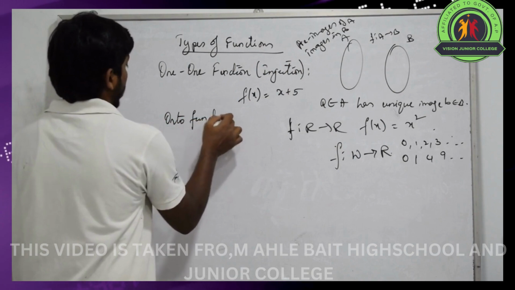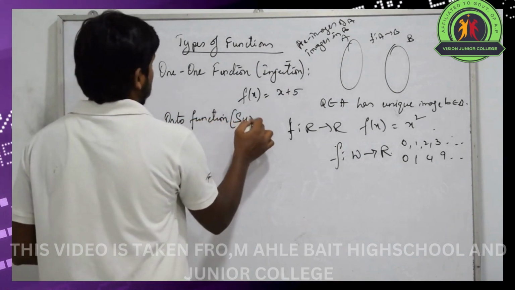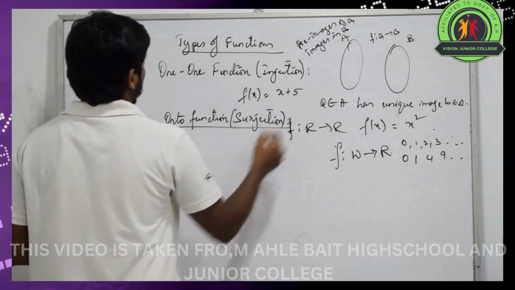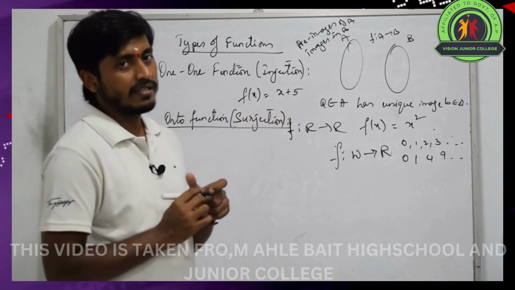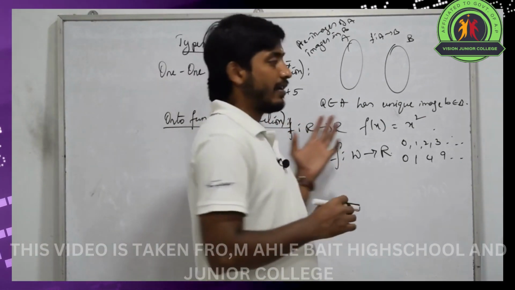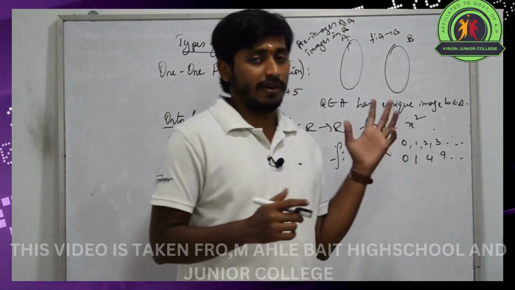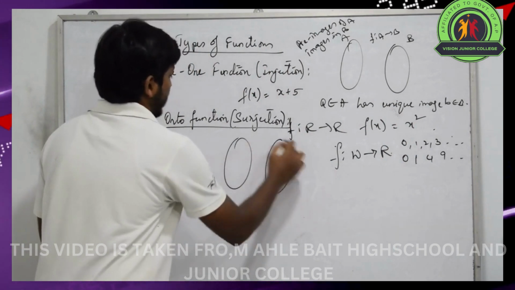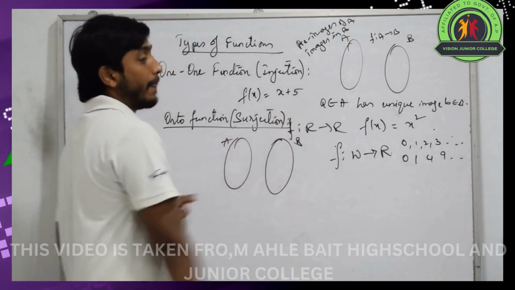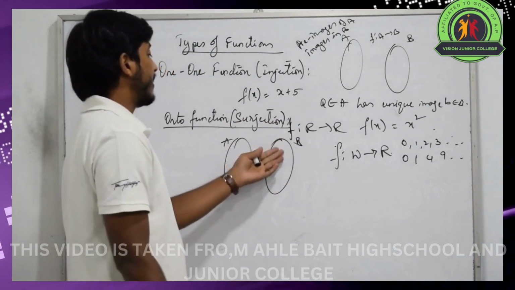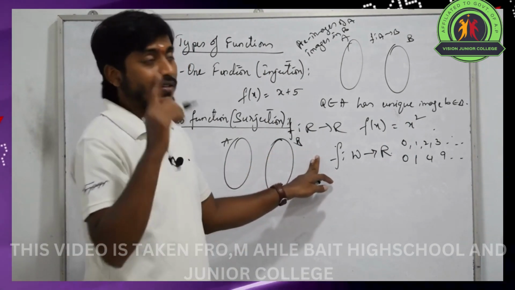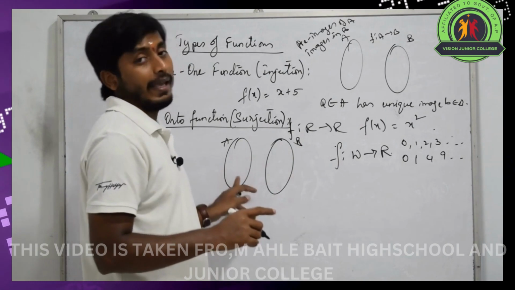Onto function, or it can also be called surjection. What is this onto function? This is not a 1-1 function, but it says that if I have two sets A, B, then for each and every image of B there should be at least one pre-image.